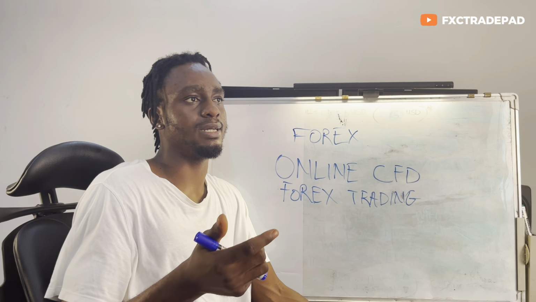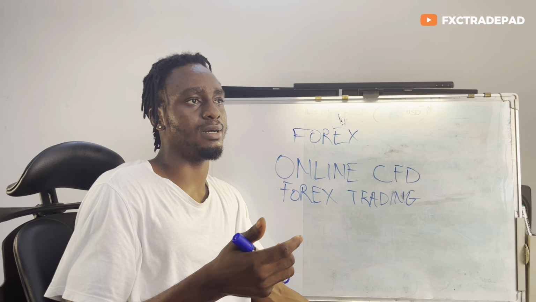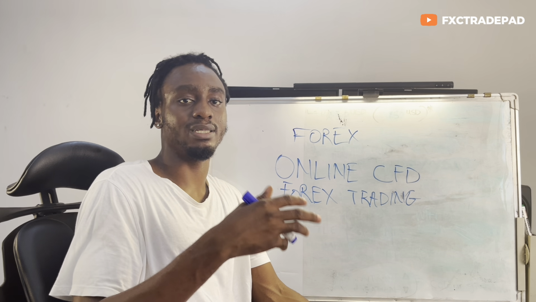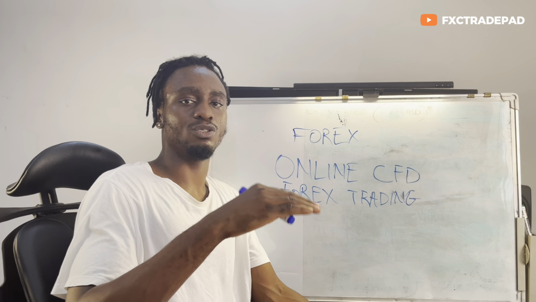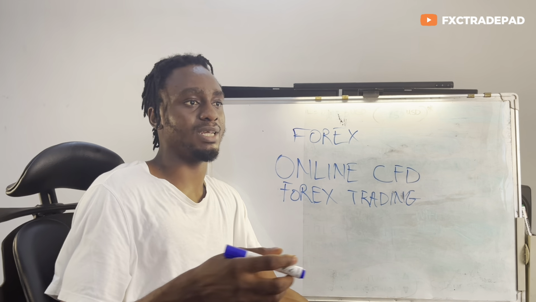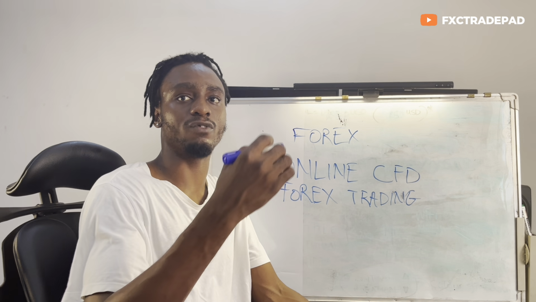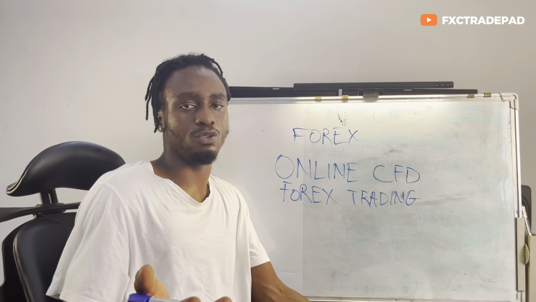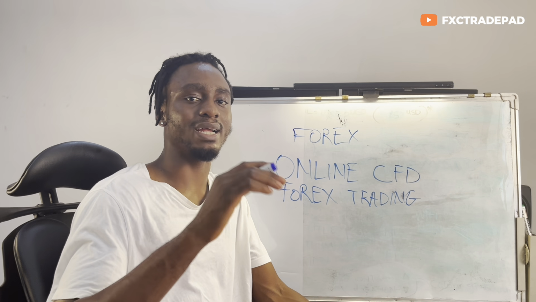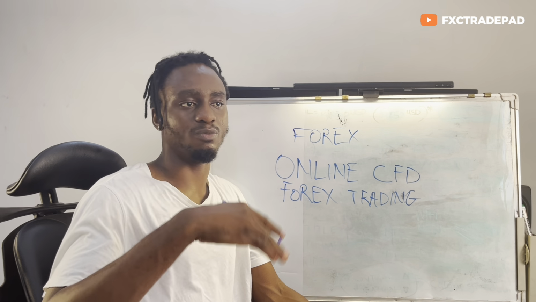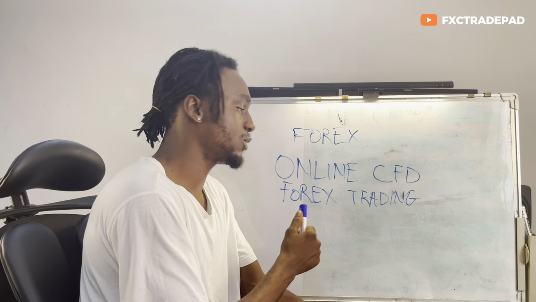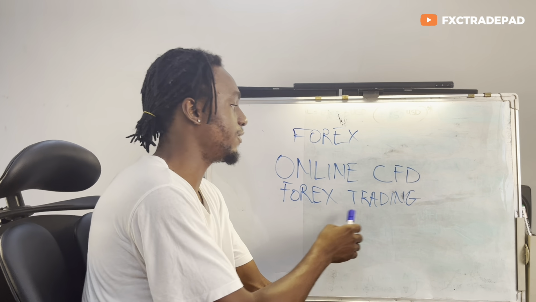So let's just say you want to buy a particular pair, and you predict that it's going to move from $1 to $2 for you to make profit, and you say it's going to sell, you expect it to drop from $2 down to $1, so you make profit. You are just trading price speculation, just the movement of price. You are predicting. That's what we mean by online CFD Forex trading.